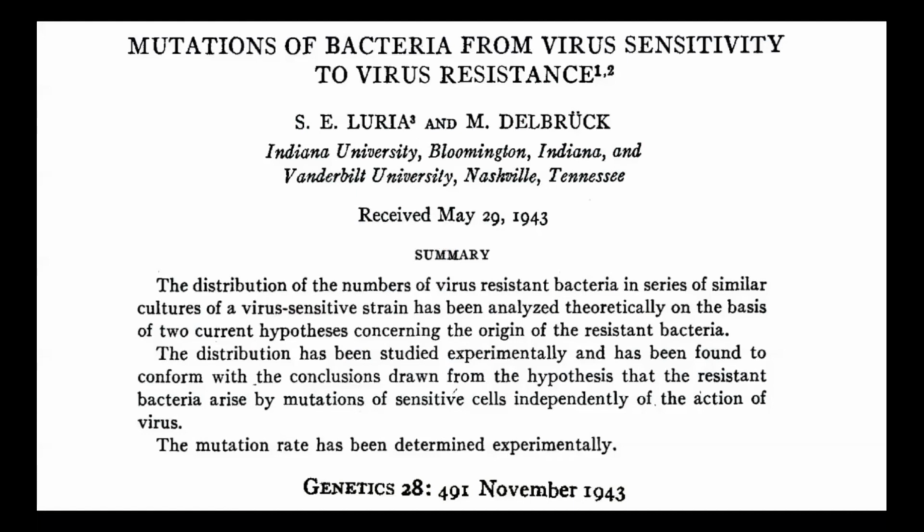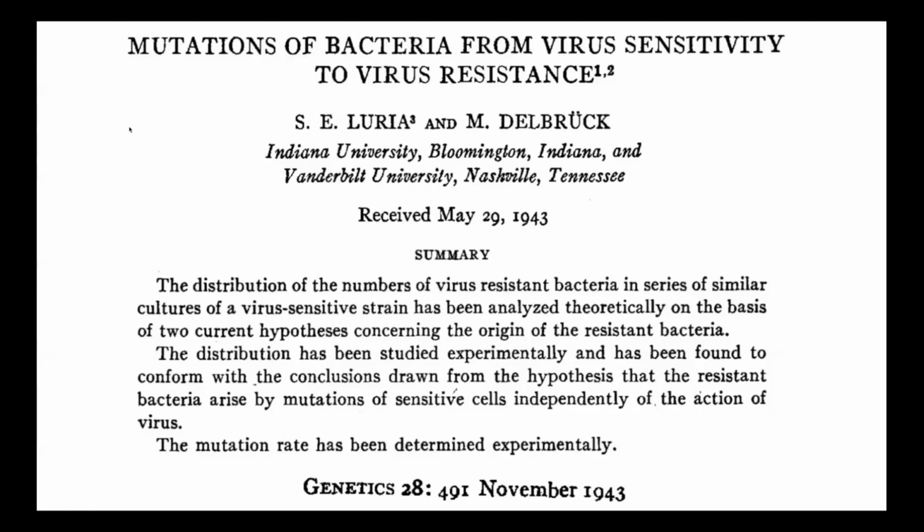So 80 years ago, Salvador Luria and Max Delbruck published a really brilliant paper describing the frequency of resistance of bacteria to virus infections with a virus-sensitive strain of bacteria. And what they showed is that about 1 in 100 million bacteria was resistant in a population of wild-type sensitive bacteria.